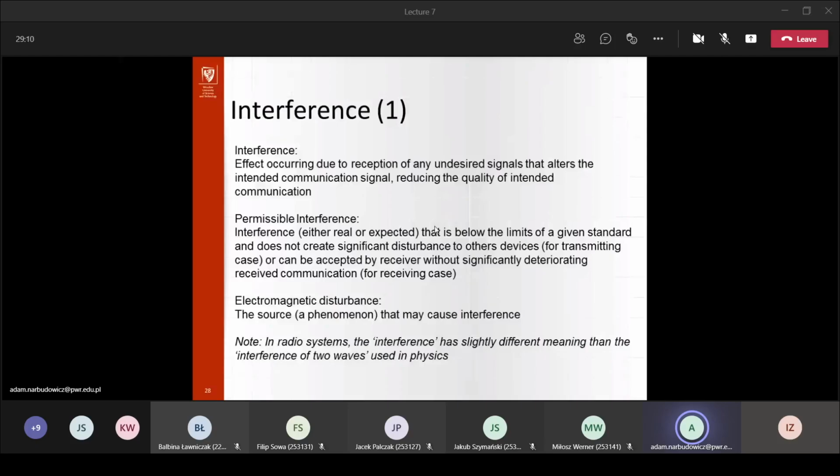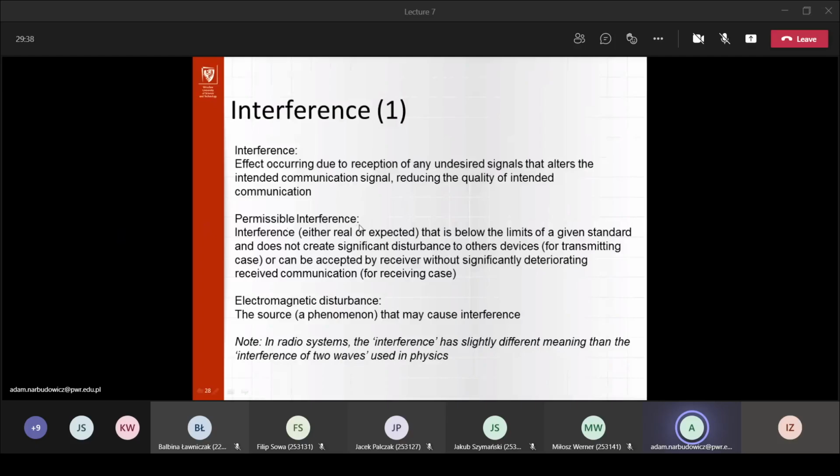Okay, so typically when we speak about standardization, of course, as I said, this is something you cannot control, but typically when you are building any radiating electronic device, there is a permissible interference.